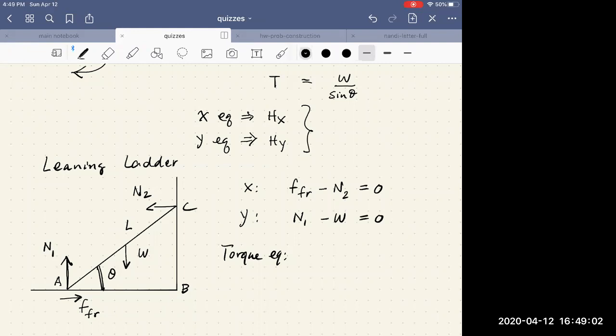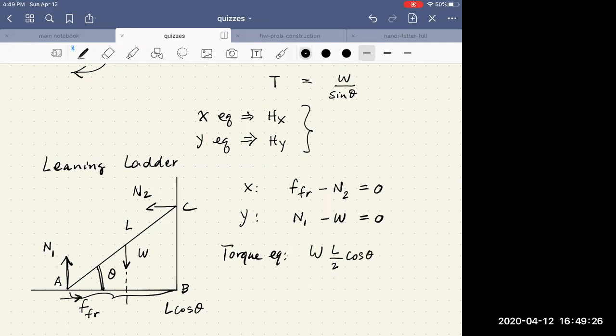So what I'll do is I'll take the torque of W. You see, W is at a distance from A. This particular distance here is going to be L cosine theta. So W is L over 2 cosine of theta from A.